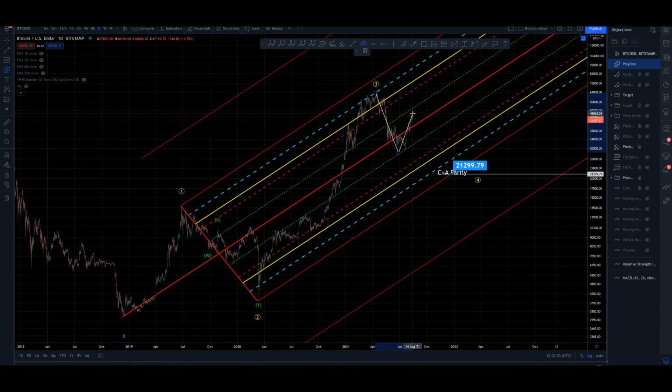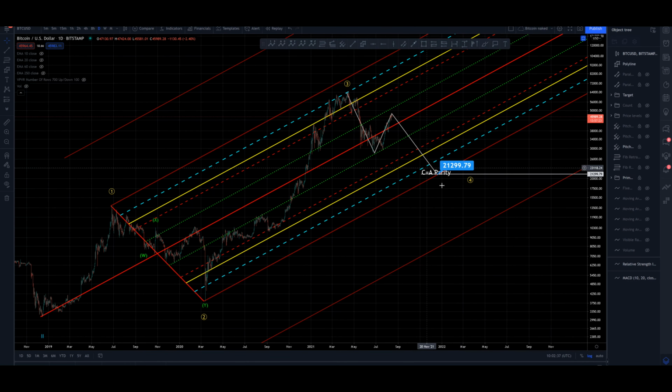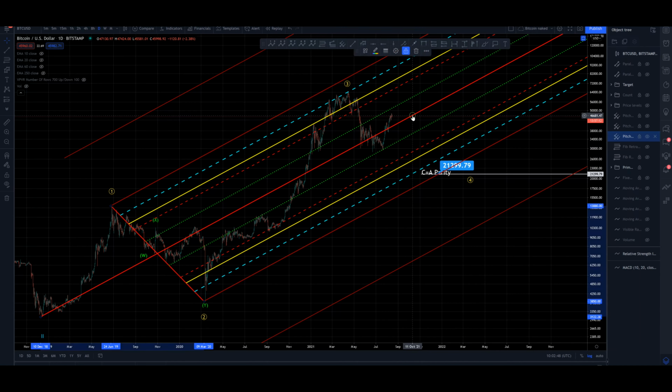This is a fifth piece of confluence. We could come to backtest the outside of the pitchfork, stay above the all-time high, stay legal, backtest the base channel, hit the parallel channel, hit the edge of this pitchfork, hit this price target. Another piece of confluence.